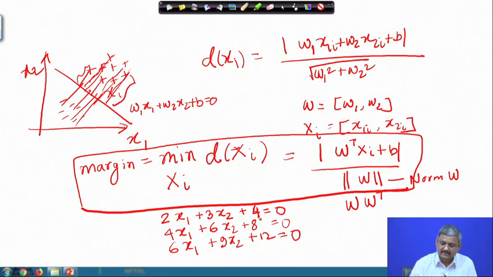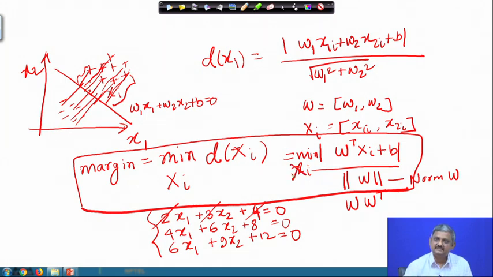So, which value of W and B should I take? What I will do is the following. I will scale W1, W2 and B by multiplying by some factor, so that the smallest value of the numerator of this margin, the minimum over capital Xi, is one.